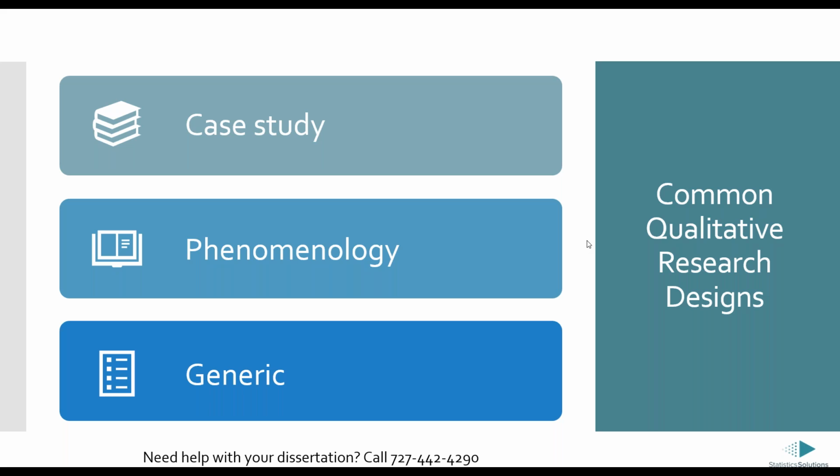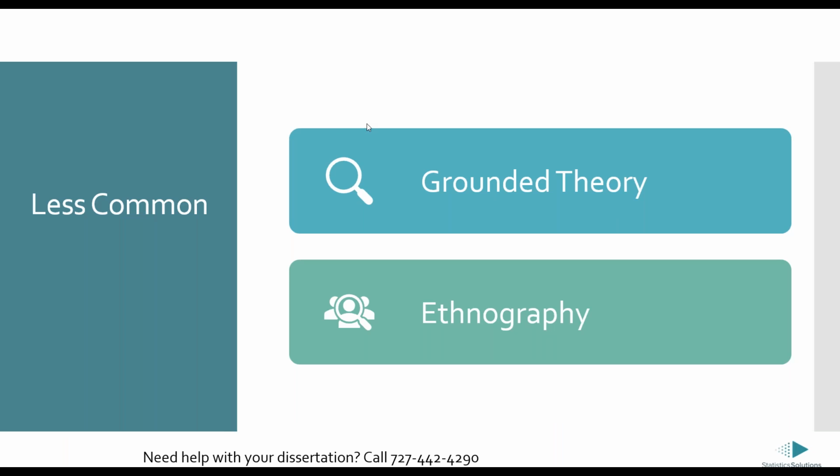The common ones are case study, phenomenology, and generic qualitative designs. That is by far what I see the most with my clients. Less common, but certainly still out there, are grounded theory designs and ethnography or ethnographic designs. So we will touch on all of these.